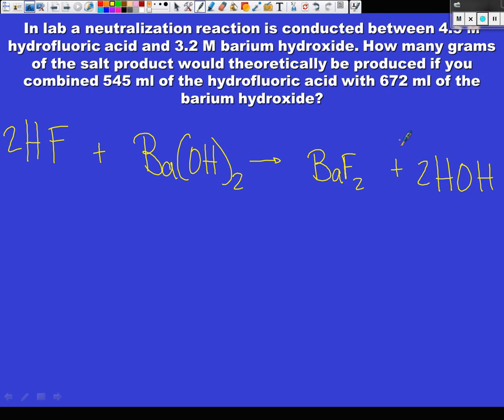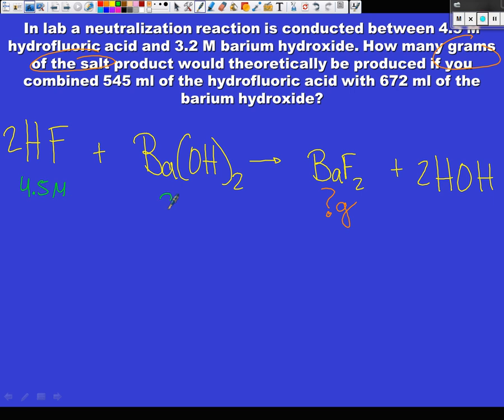What is the question? Grams of the salt. So I'm trying to get to here. Do you agree that's my question? Now let's figure out what our data is. So it says you have 4.5 molar hydrofluoric. So 4.5 molar of this.